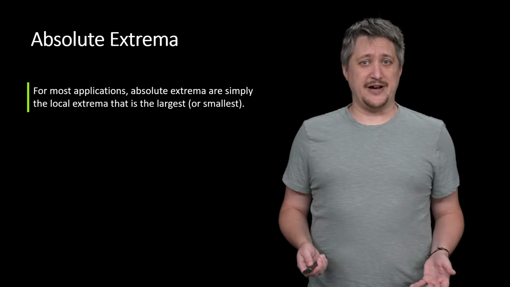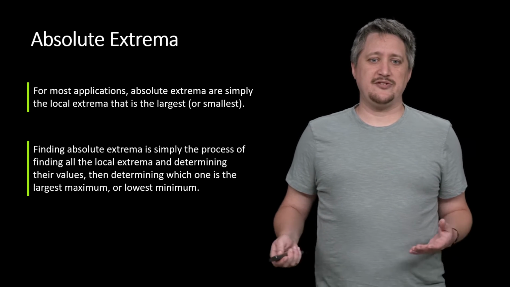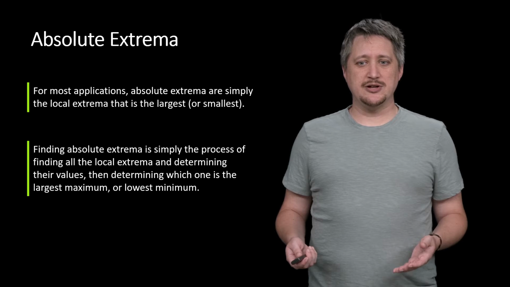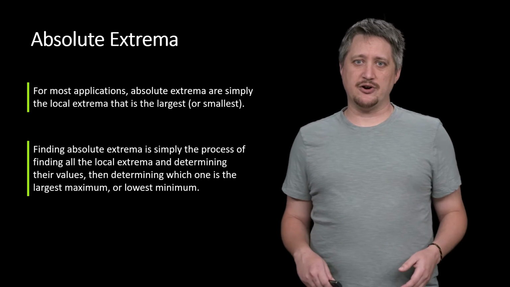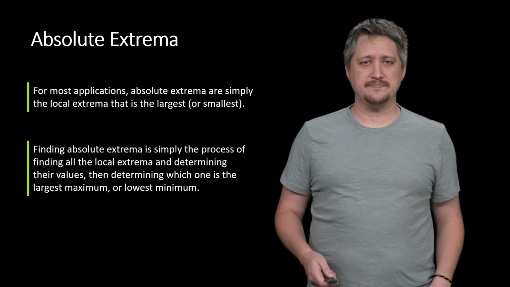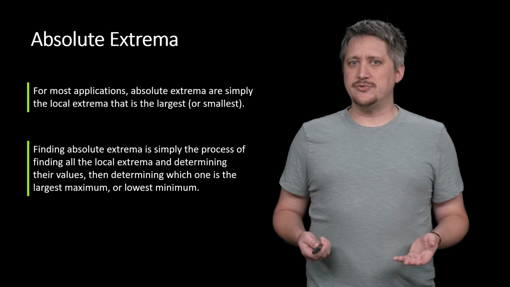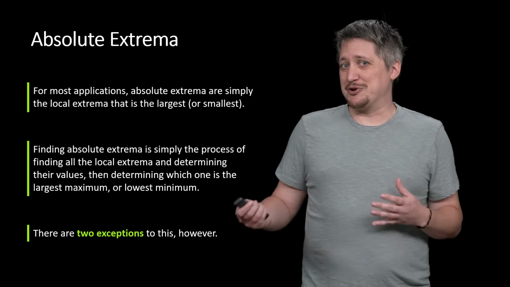So to find those in those cases, it's basically the same system. You find the absolute extrema simply by finding all the local extrema, finding what their values are, and then picking out exactly those highest or lowest points. But there are two exceptions. So that's pretty much what we're covering in this video.